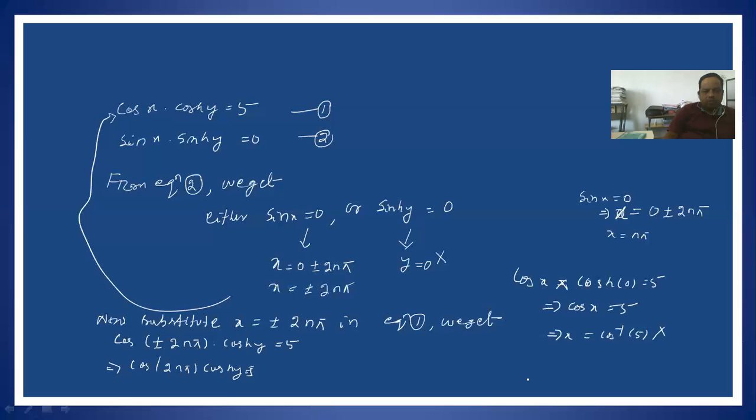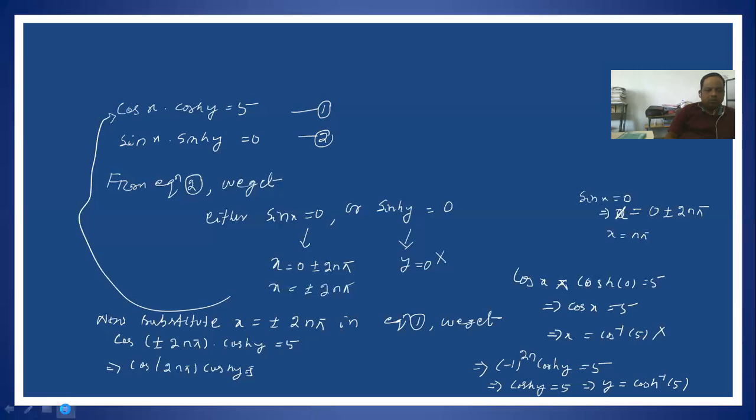This implies cos of 2n pi is minus 1 to the power 2n, into cos hyperbolic y equal to 5. This value is always positive, since minus 1 raised to an even power is positive. So cos hyperbolic y equal to 5. This implies y equals cos hyperbolic inverse of 5.